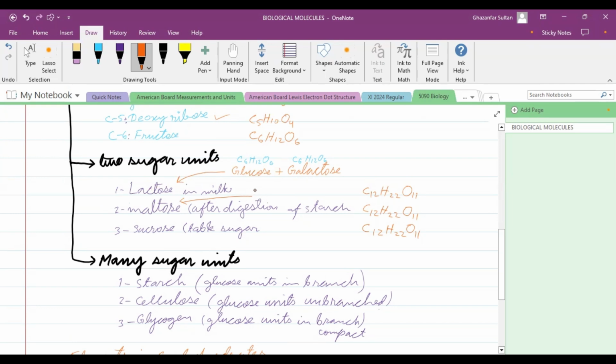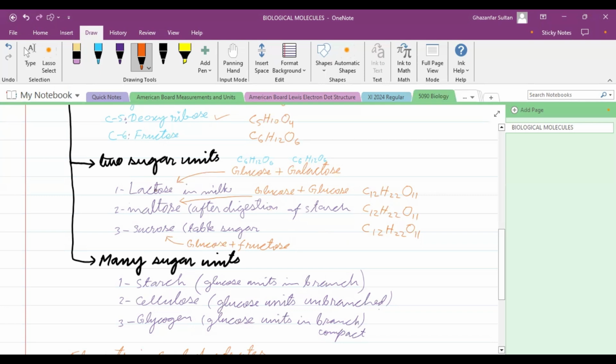And when 2 glucose units combine, they produce maltose. And sucrose is made up of 1 glucose and 1 fructose. So actually, I'm covering some of the topic from the digestive system and the digestion in human beings.